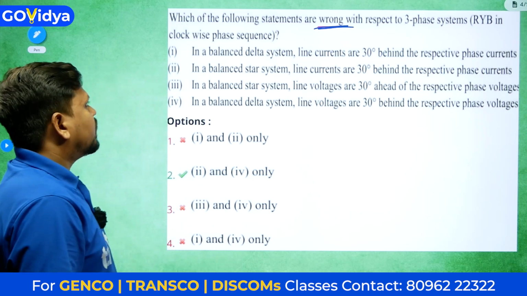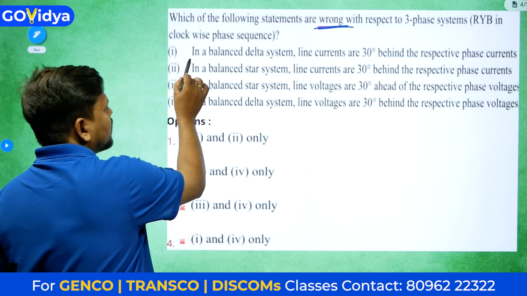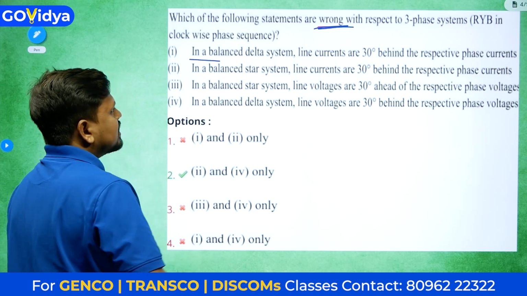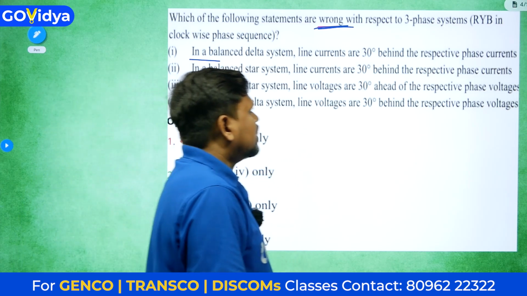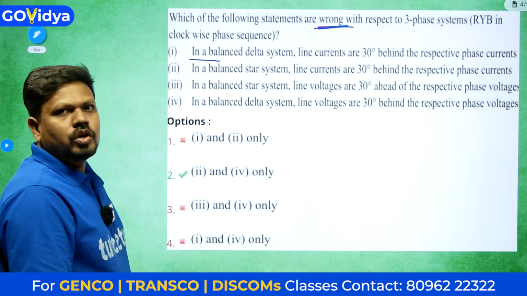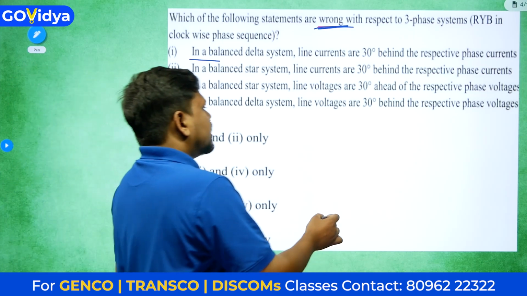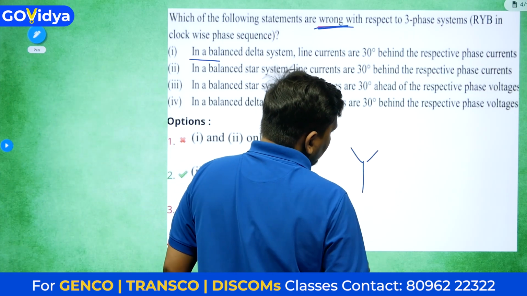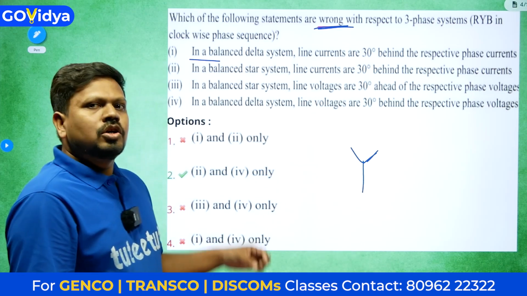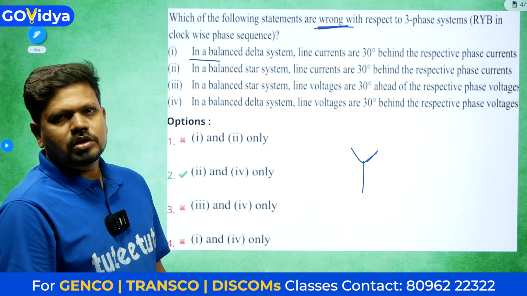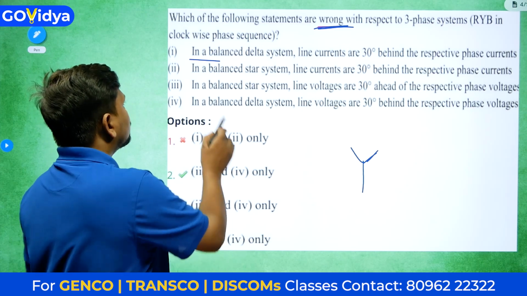The RYB phase sequence they have mentioned, so you have to read all these four. In a balanced delta system, line currents are 30 degrees behind respective phase currents. Leave it, you cannot understand it directly, because in a delta connection, whether these are line voltages or line currents or phase currents, you need to do the vector diagram again. So let's go to the next one.